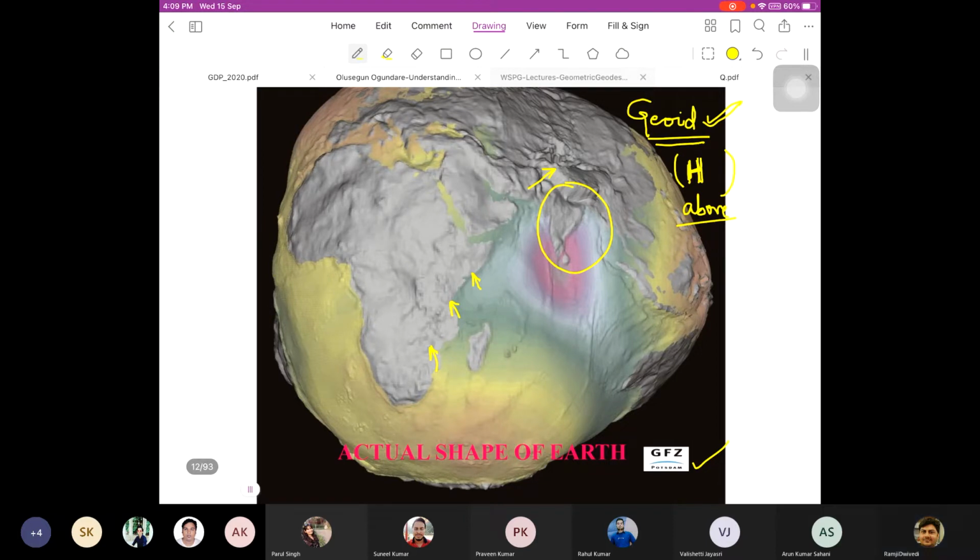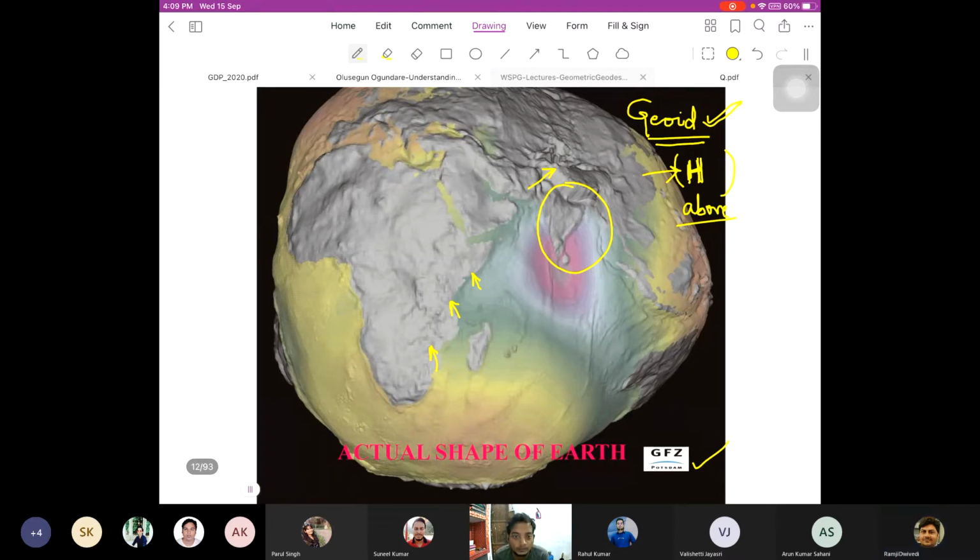We will discuss much more about the height value which we are interested in, the capital H value, which is with respect to the geoid. But gentlemen, we need to understand this is a global geoid. And many times we are not interested in working in a global geoid. Why?